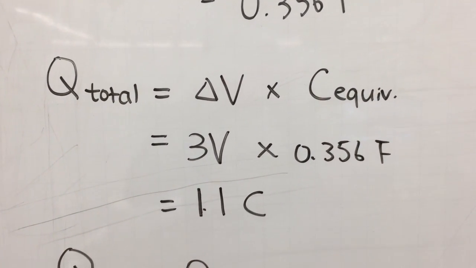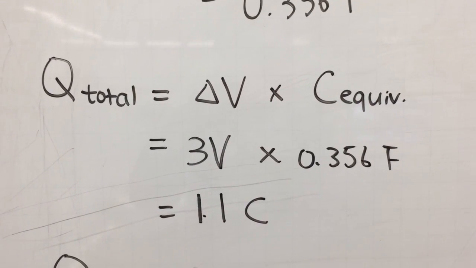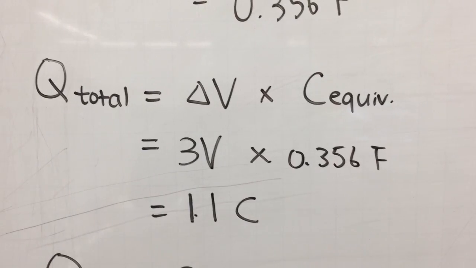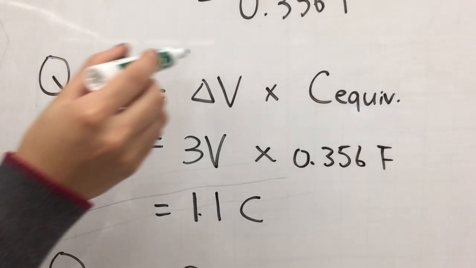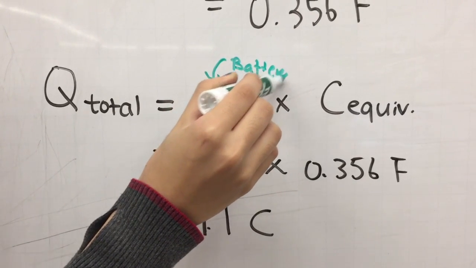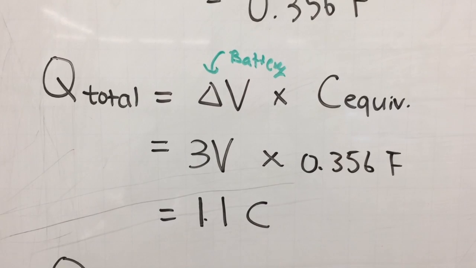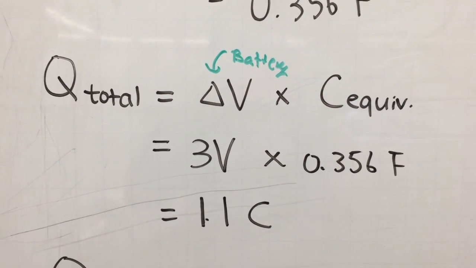And then we calculated the total amount of charge going through the circuit using the equation Q is equal to the potential difference times the equivalent capacitance. And the potential difference is just the voltage of the battery, which is 3 volts.